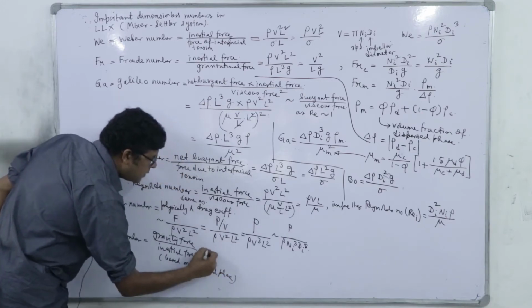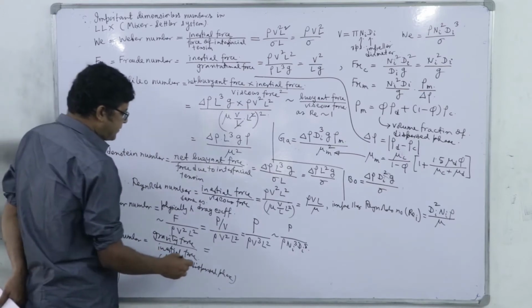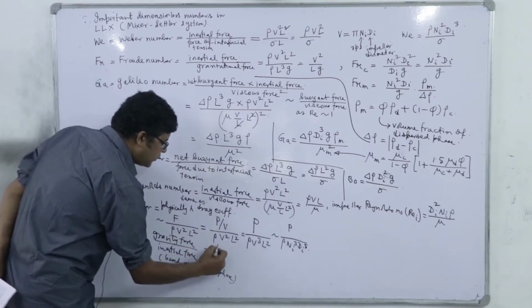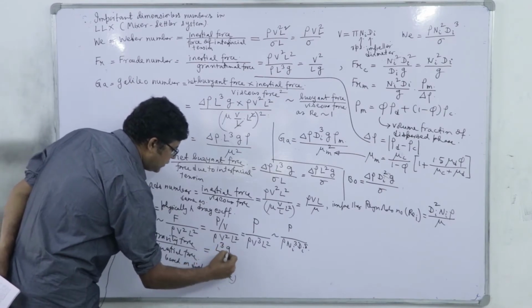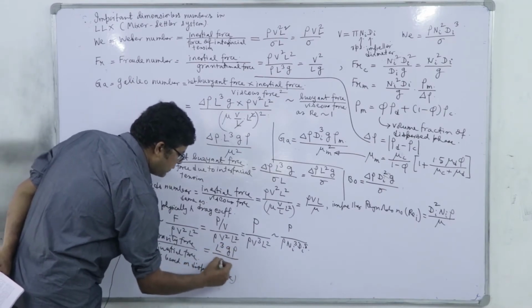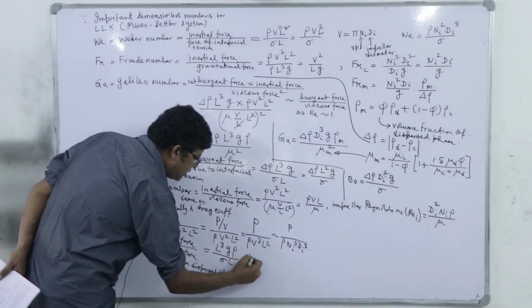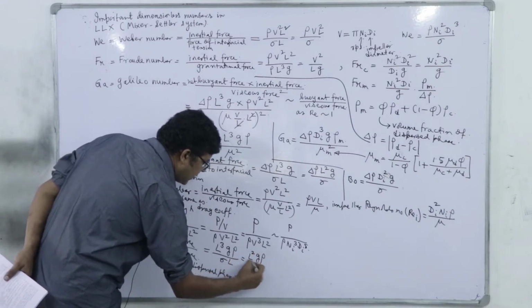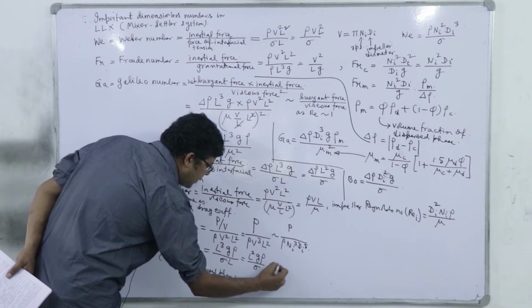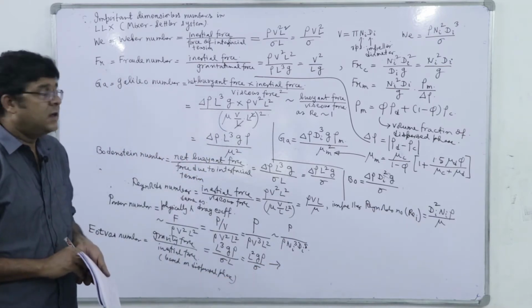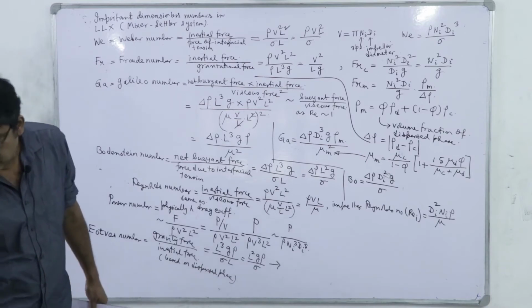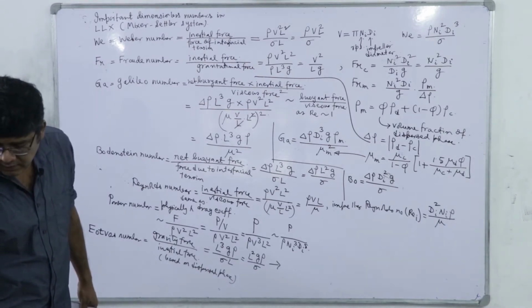So, in general it should be L into L cubed into g into rho divided by sigma into L. So, L squared g rho divided by sigma. And here, as it is based on the dispersed phase, the characteristic dimension is not the impeller diameter, but rather it is the average diameter of the drops.